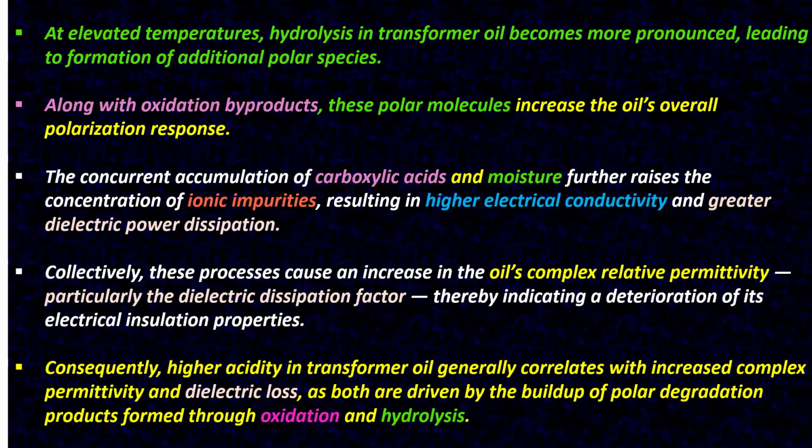Consequently, higher acidity in transformer oil generally correlates with increased complex permittivity and dielectric loss, as both are driven by the buildup of polar degradation products formed through oxidation and hydrolysis.